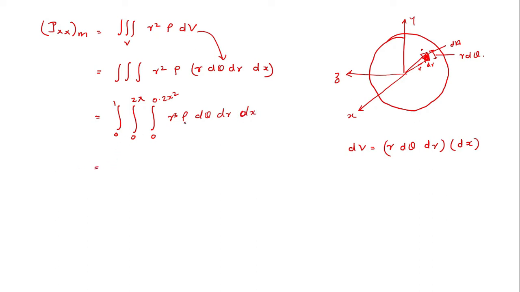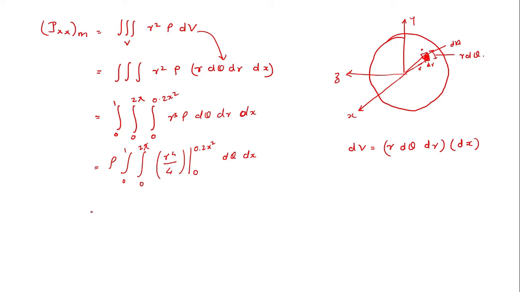Now I'll bring the rho outside. Now I'll first integrate with respect to r. So integral 0 to 1, integral 0 to 2 pi, r raised to 4 divided by 4, the value ranges from 0 to 0.2 x squared, d theta dx.